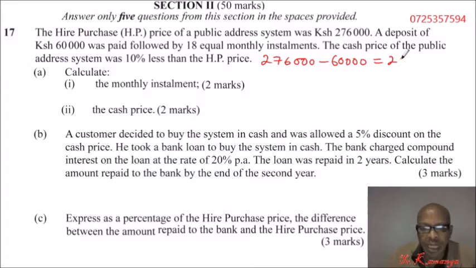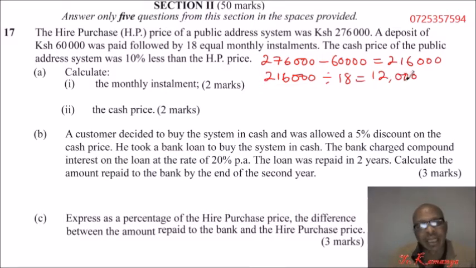You get 216,000, and since there were 18 equal monthly installments, you divide 216,000 by 18, and you get a monthly installment of 12,000. I am just arranging it like that because of space.